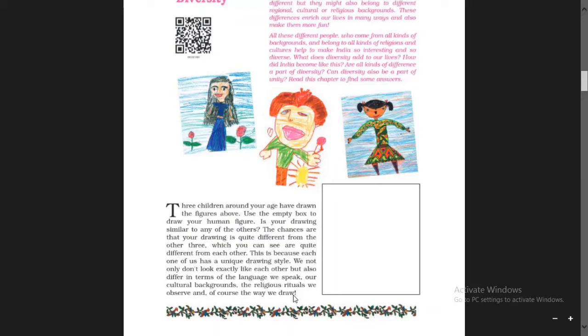Here, what we will find is that we not only don't look exactly like each other; our appearance will be quite different, but we also differ in terms of the language we speak.